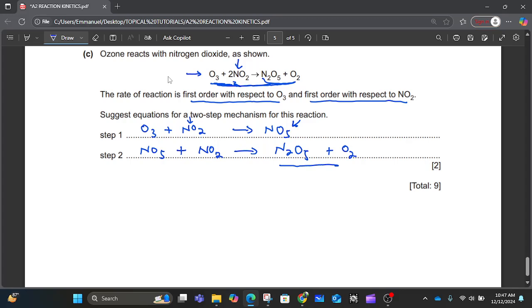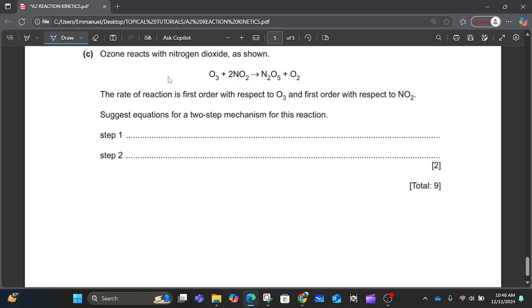We can also use an alternative method. In this method, we have the ozone reacting with 1 mole of the NO2 to give us NO3 plus O2. Remember, there was O2 in the product, so we have formed O2 in our first step. But we need to form the N2O5 in our second step.